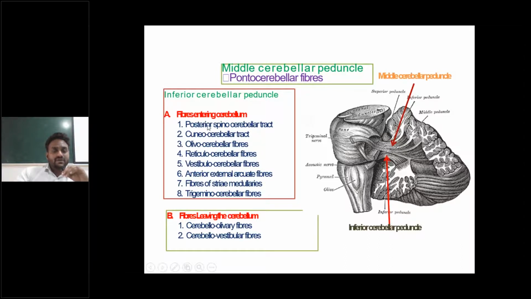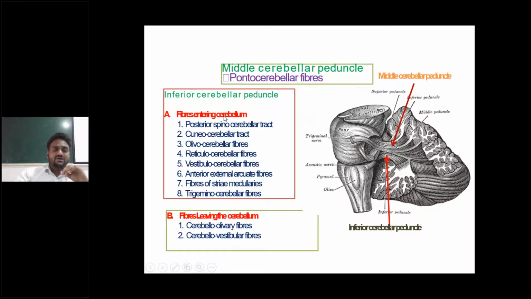Input fibers are posterior spinocerebellar, cuneocerebellar, olivocerebellar, reticulocerebellar, vestibulocerebellar, anterior external arcuate fibers, striae medullaris fibers, and trigeminocerebellar. Output fibers are cerebello-olivary and cerebello-vestibular.